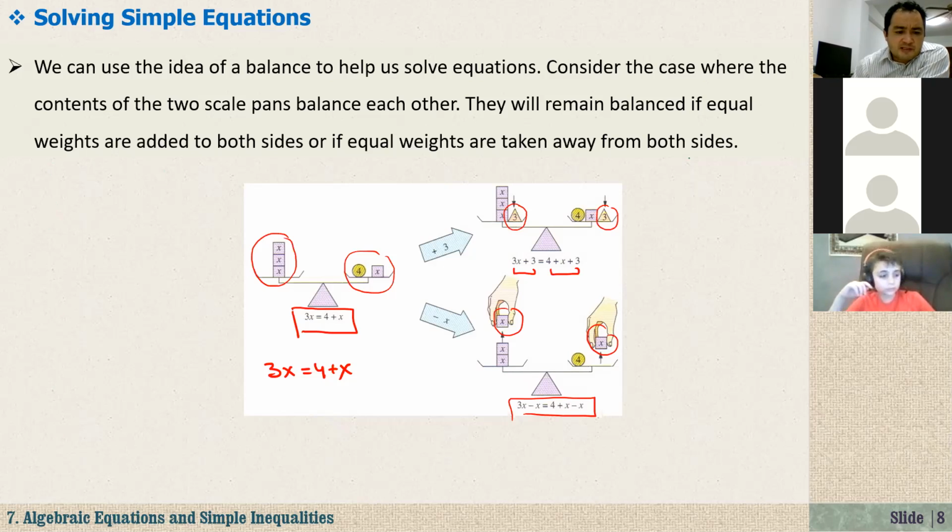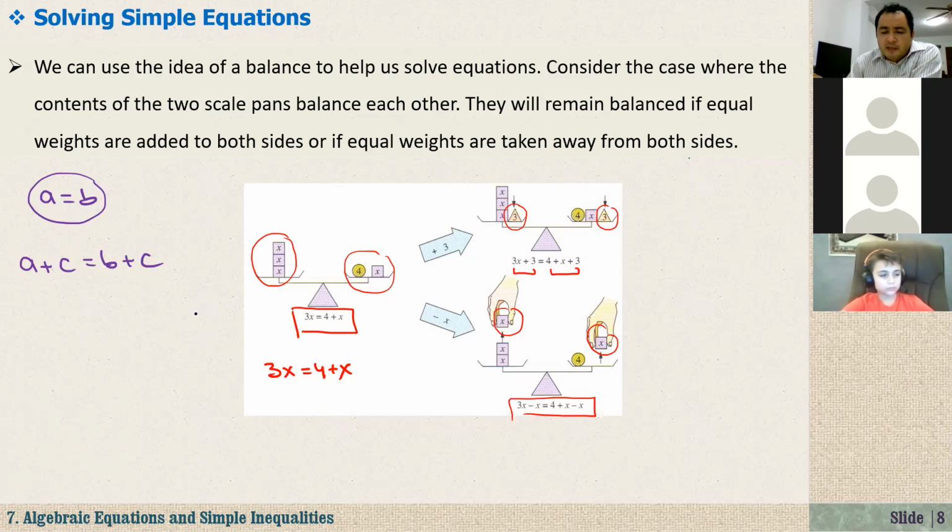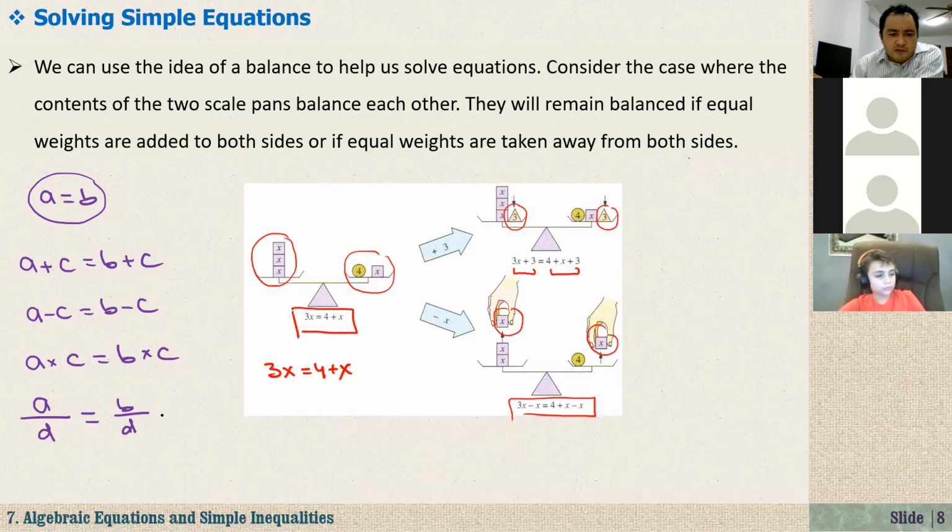Let's say we are given an equation, A equals B. If I add the same number to both sides, nothing changes: A plus C equals B plus C. If we subtract the same number from both sides, A minus C equals B minus C. We can multiply both sides by the same number: A times C equals B times C. Or we can divide both sides by a non-zero number: A over D equals B over D, where D is not equal to 0.